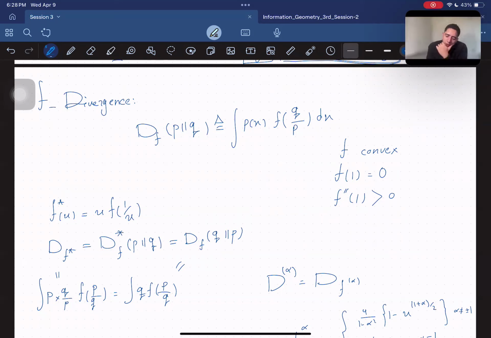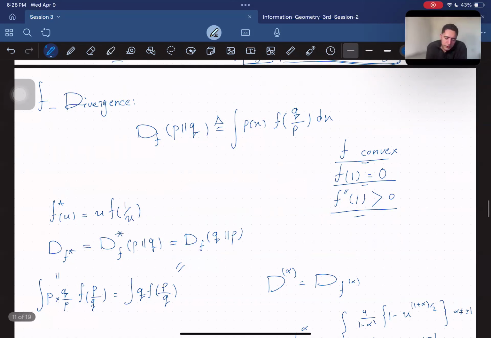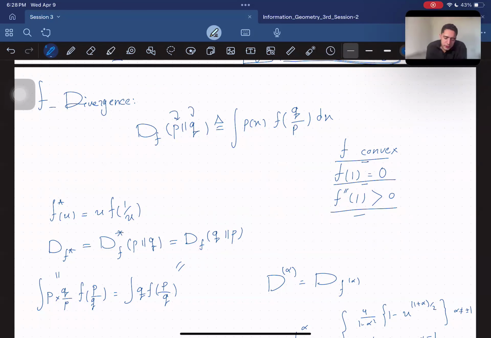So for a convex function, which is 0 at point 1 and is strictly convex at point 1, you can define the divergence between P and Q with respect to that function to be this thing.